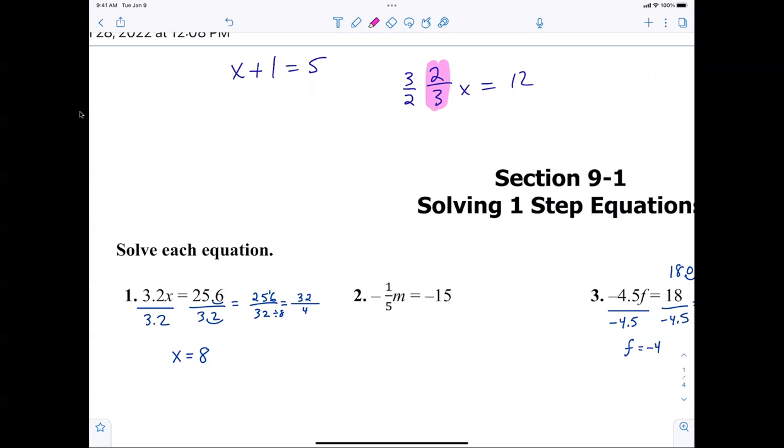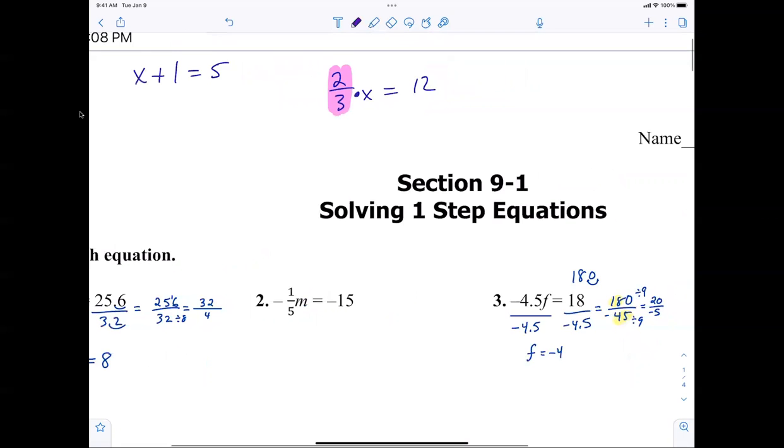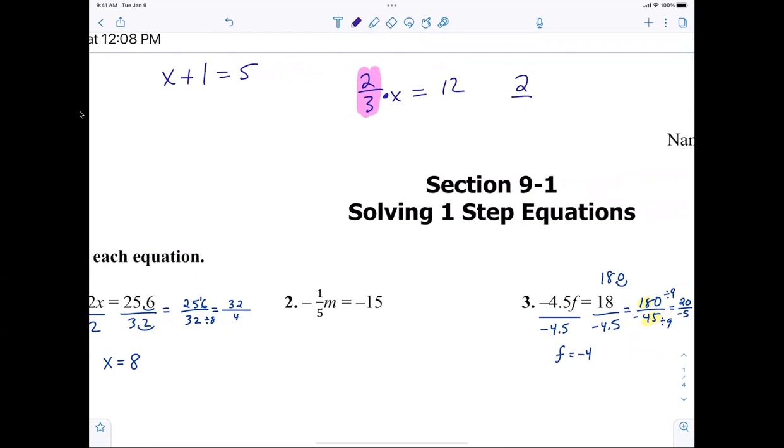We talked about division of fractions, you multiply by the reciprocal. That's how you're going to solve equations with fractions. Now specifically, this is multiplication. If it was, for example, 2/3 plus x, we have to subtract the 2/3 because it's held together with addition.